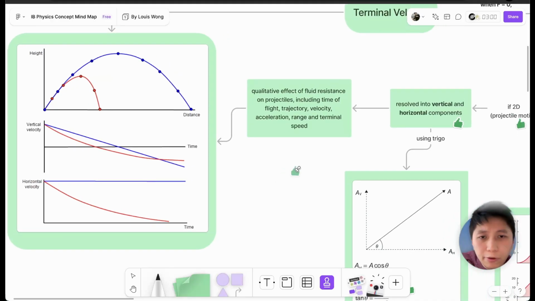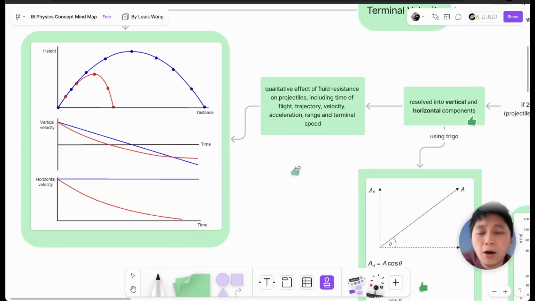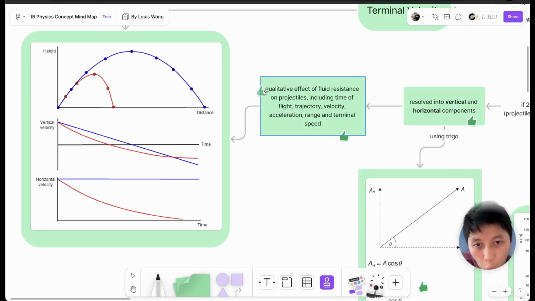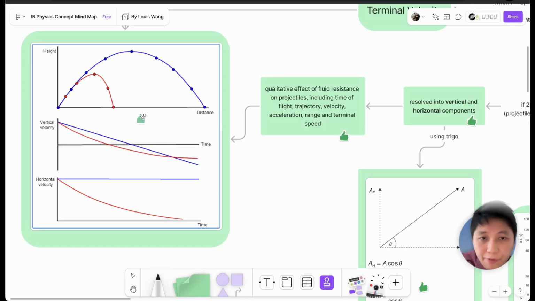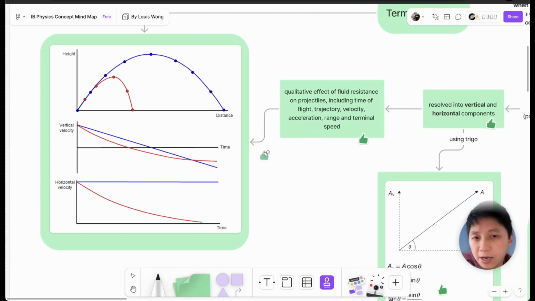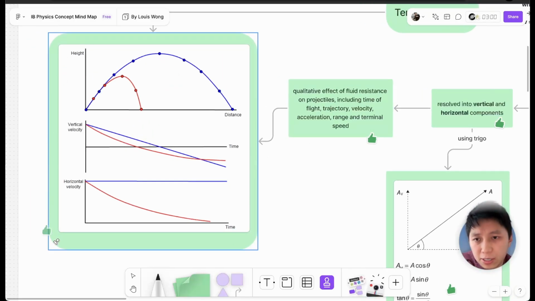Now, when it comes to projectile motion, of course you have to do a lot of calculations on that. But in terms of the situation where you have air resistance, or fluid resistance, IB only requires you to do it in a qualitative way. So how the trajectory, for example, the velocity, acceleration, range, and time will be affected, as you can see here.